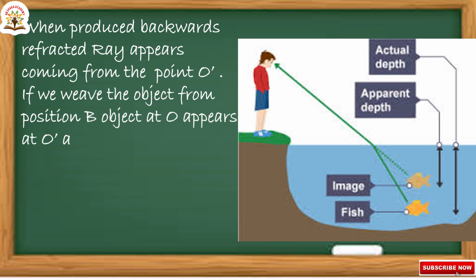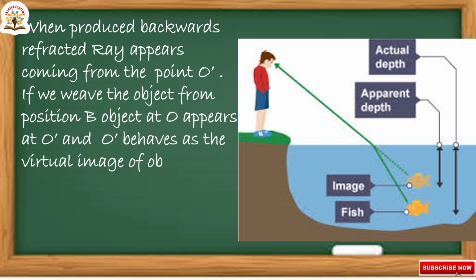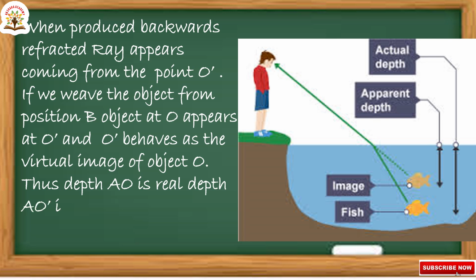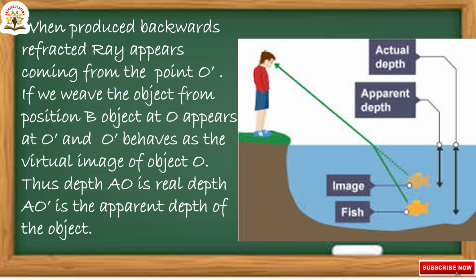Actually it is at O, but it looks like the object is at O dash, and O dash behaves as the virtual image of object O. Thus the depth OA is the real depth and the depth AO dash is the apparent depth of the object.